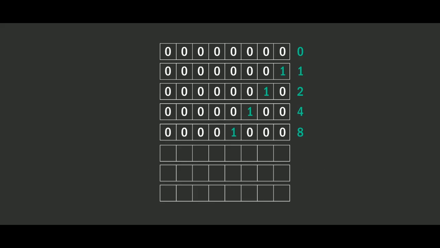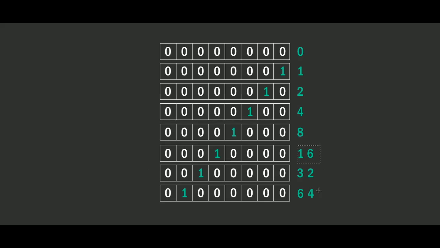If we continue going to the next binary number that contains only 1 bit set through the entire binary value, we'll see that the next value is decimal 16. If we keep going like that, the next one is 32. The last one in this example is 64. The one after this one would be, I believe, 128.